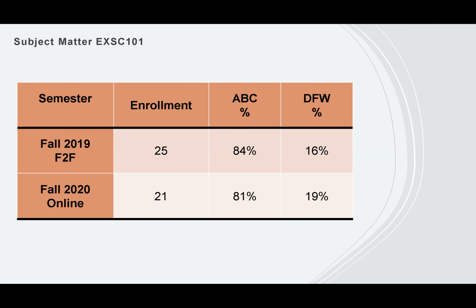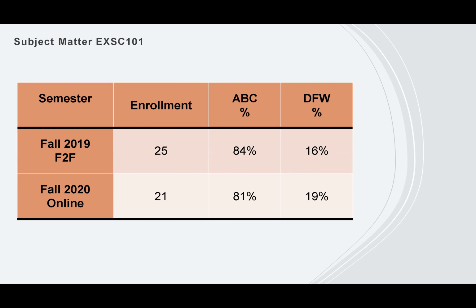So fast forward to fall 2020, it's online. I still got pretty decent results compared to when I taught it face-to-face. I was happy with this. I felt like, yes, of course, there was a little bit of a better outcome when it was face-to-face, but knowing that there were students in fall 2020 who would have rather been in the classroom.